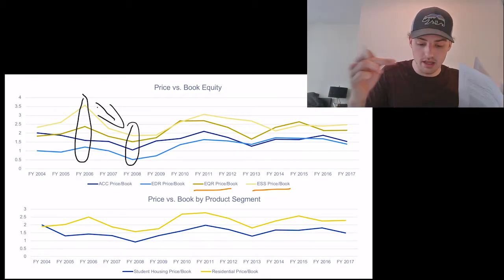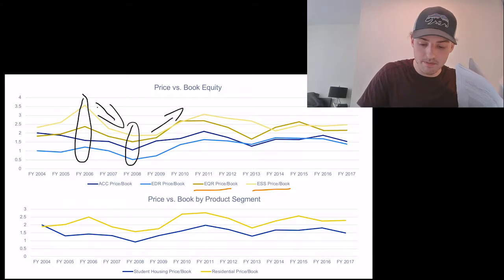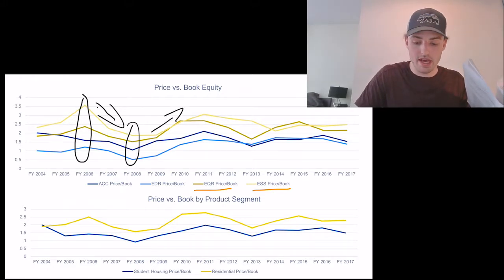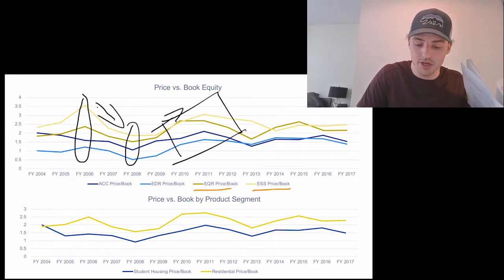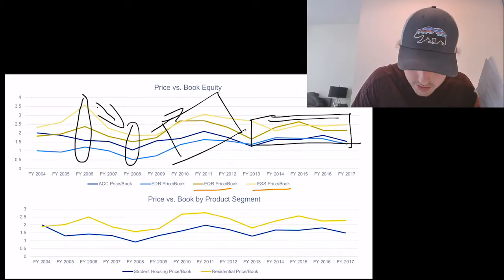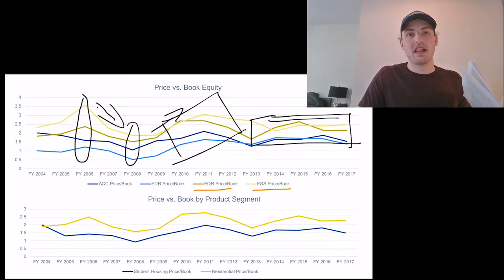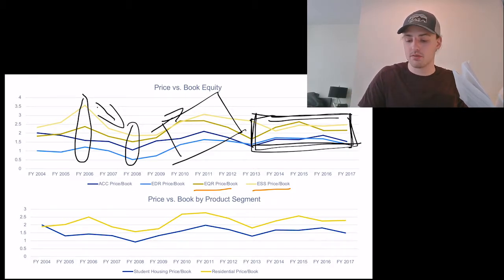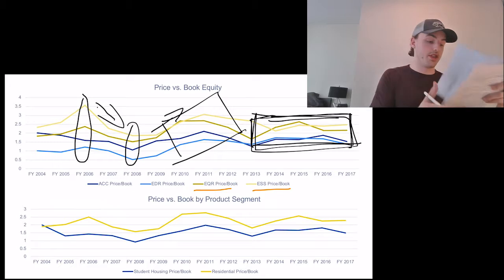Likewise, coming out of it would indicate that market sentiment has recovered in this period as all of these price to book ratios continually increase and have stabilized, although these ones are more realistic over here, stabilized up at higher values, indicating that potentially hype around the market has really cooled off, which would be a good thing.